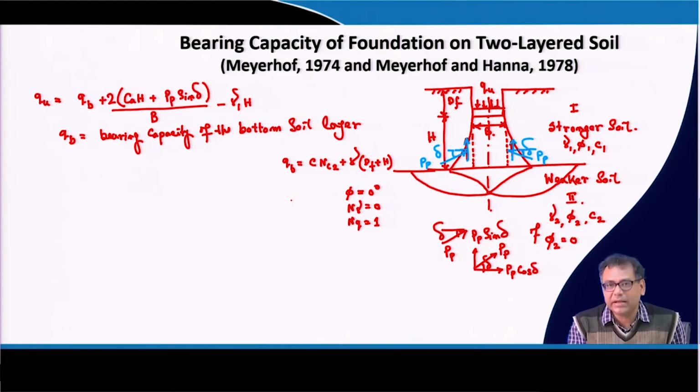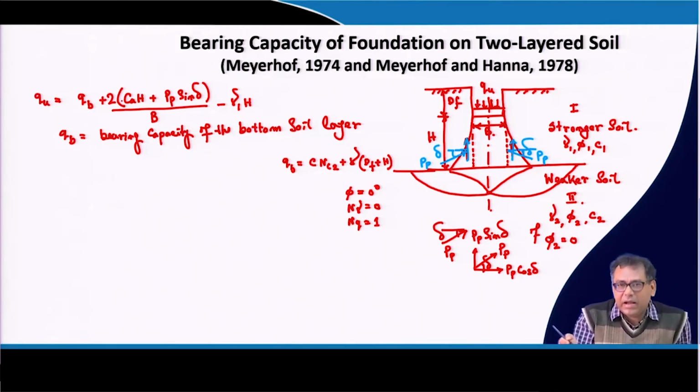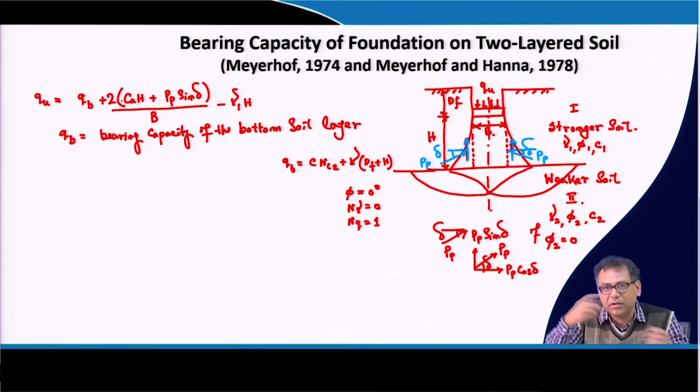When calculating the bearing capacity, I am taking gamma (D_f plus H), so that surcharge contribution of gamma into H is taken. At the same time, when I take the resistance along the soil, along the dotted line, because it is C_a into H, here also I am taking the H. So the contribution of H is already taken.